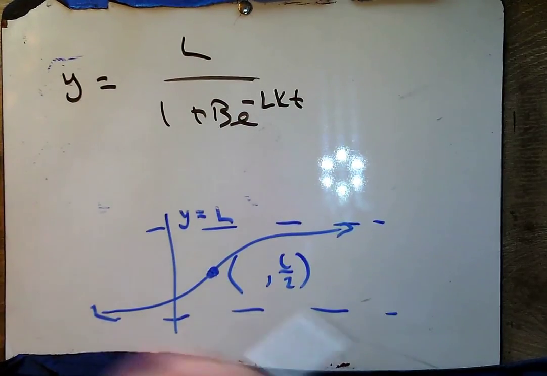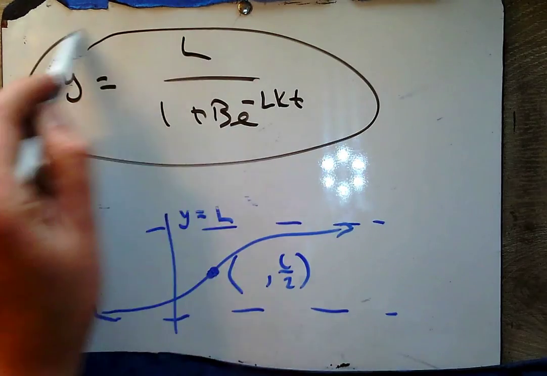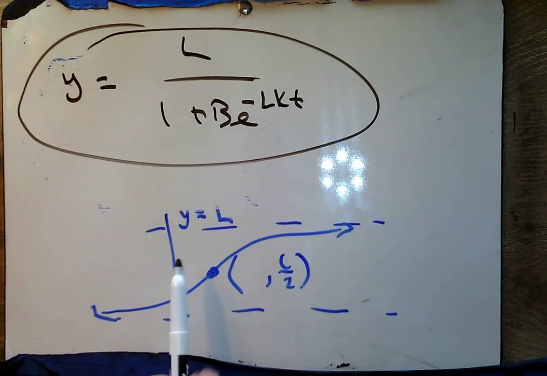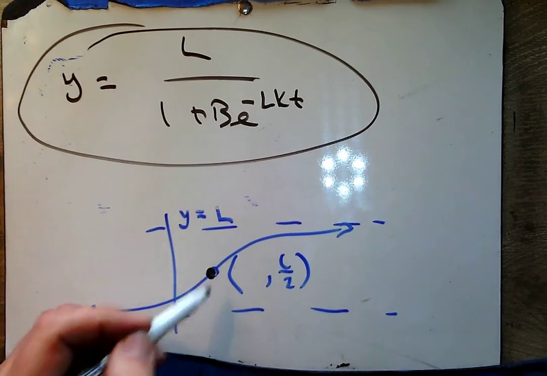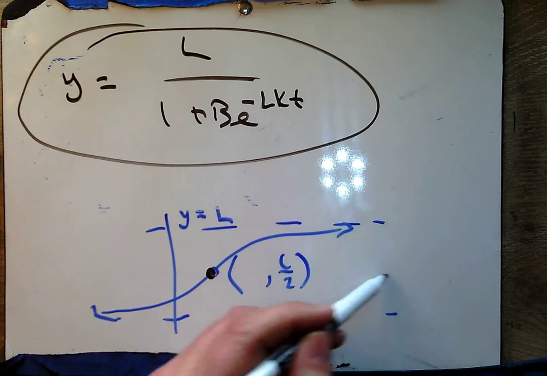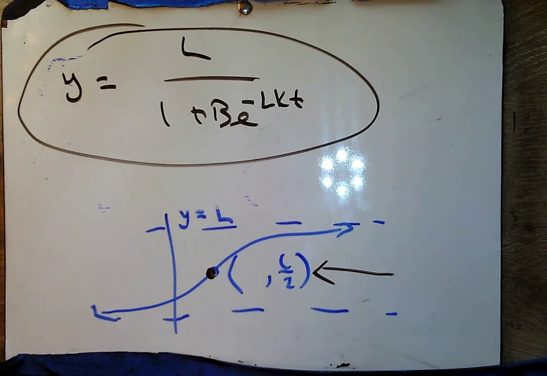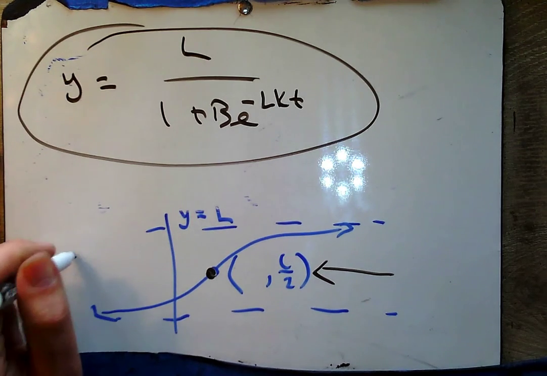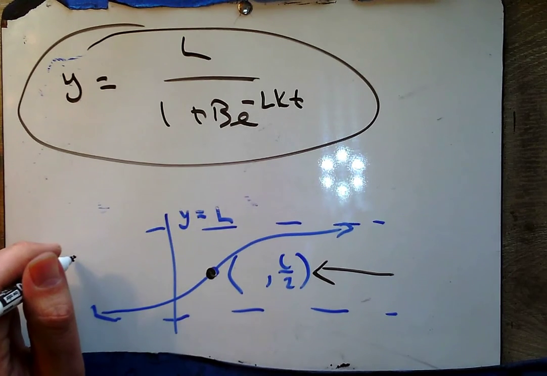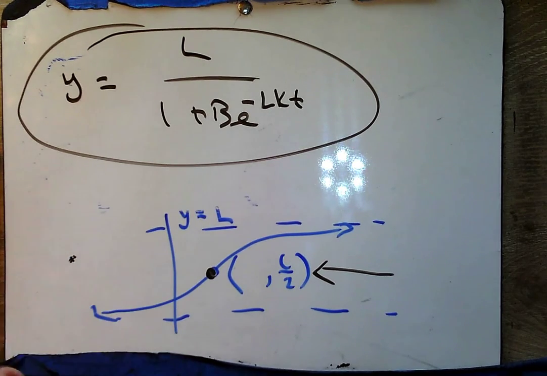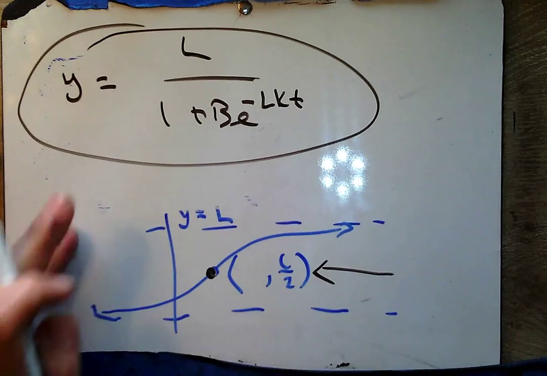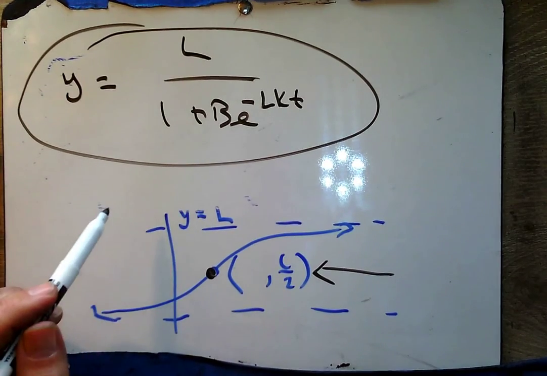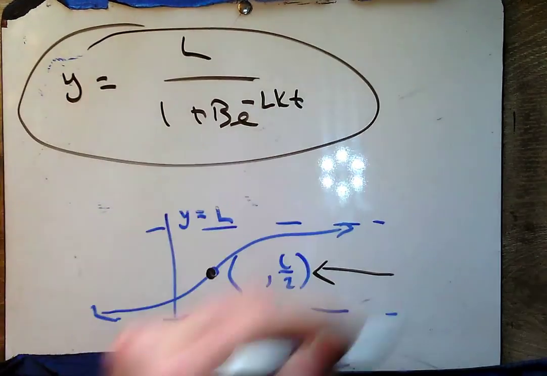So, prove that this has an inflection point whose value is L over 2. Yeah, Mr. Paz, you should have them do that. As extra credit. How about that? Yeah, do this problem as extra credit.